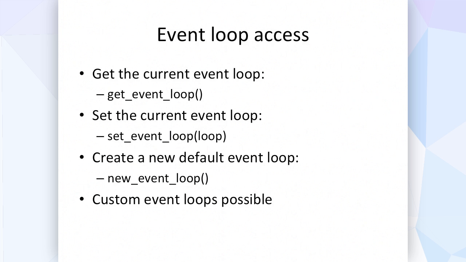There's one more thing I wanted to say, which is that if you have multiple threads, only the main thread has a default event loop. If you're using multiple threads and you want a different event loop in each thread, you're going to have to be aware that you're doing crazy stuff and call new event loop in each thread and call set event loop with it.